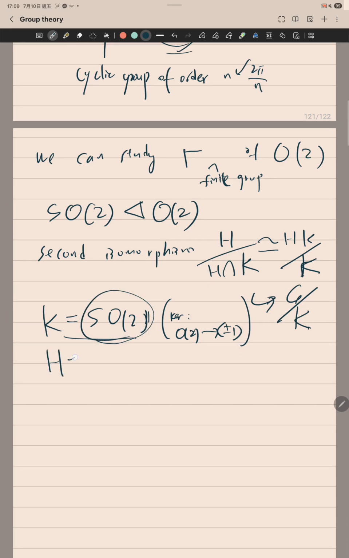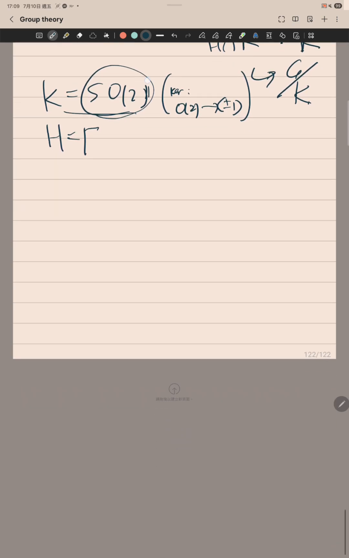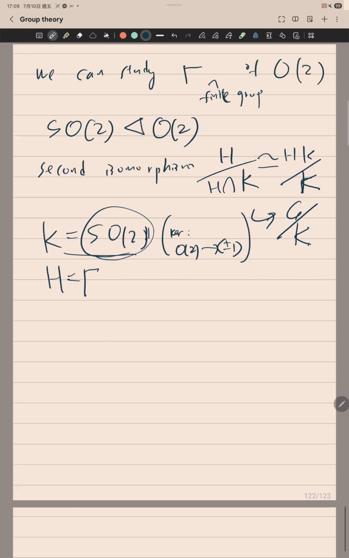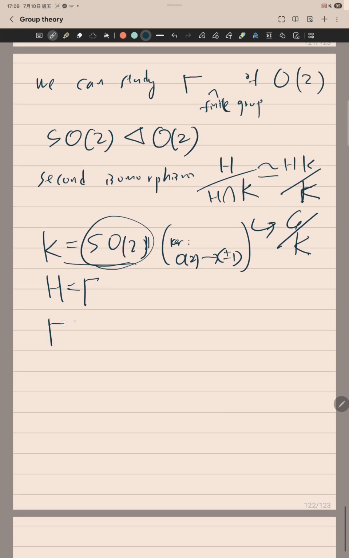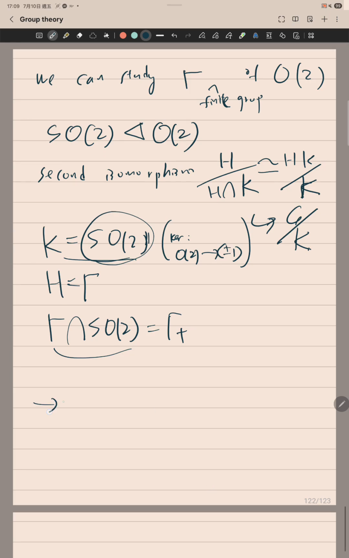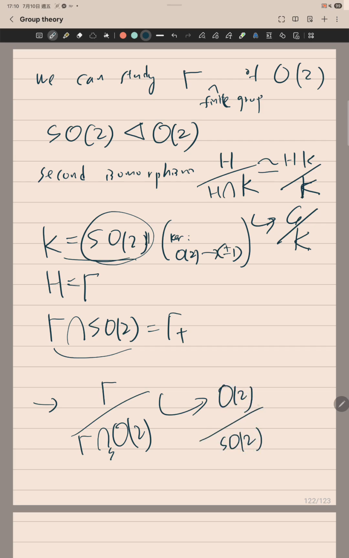Now I take H to be gamma. Let's say the intersection of gamma with SO2 is gamma plus. From here I know that gamma quotient gamma intersection SO2 is a subgroup of O2 quotient SO2. But this is just Z2.